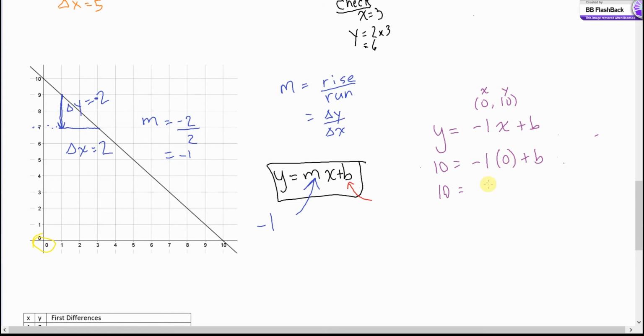Well, anything times 0 is 0. So 0 plus b, anything plus 0 is itself. So b is equal to 10. B is equal to 10. Oh, that's right. B is the y-intercept.